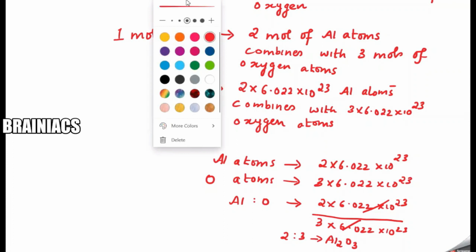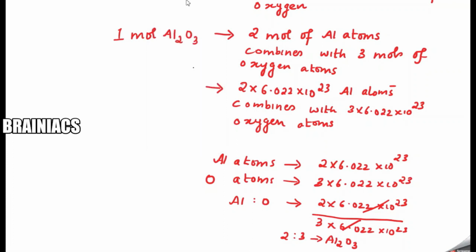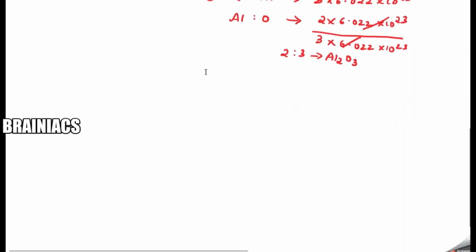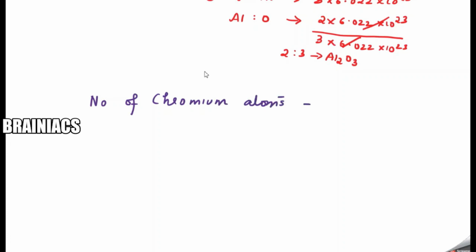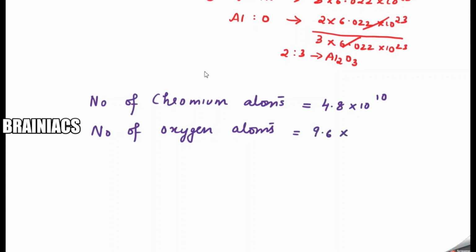In the question they have given the number of chromium atoms as 4.8 into 10 power 10. Similarly, the number of oxygen atoms is given as 9.6 into 10 power 10.